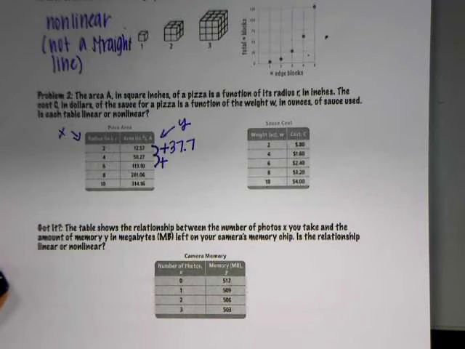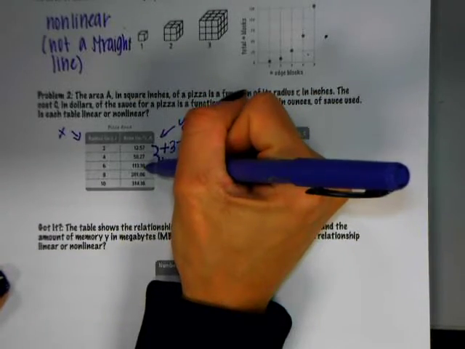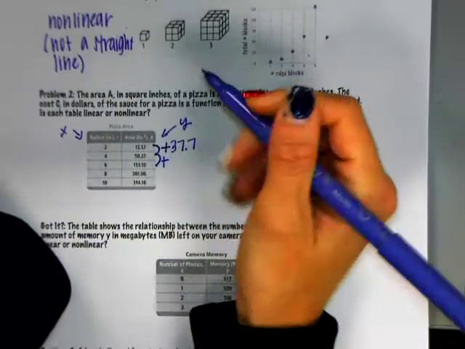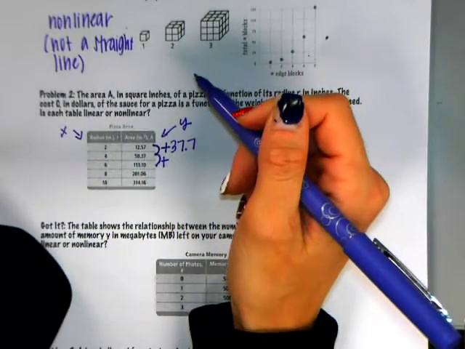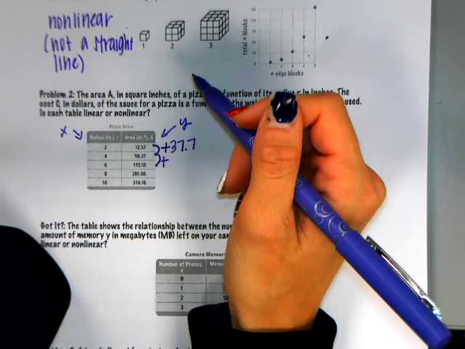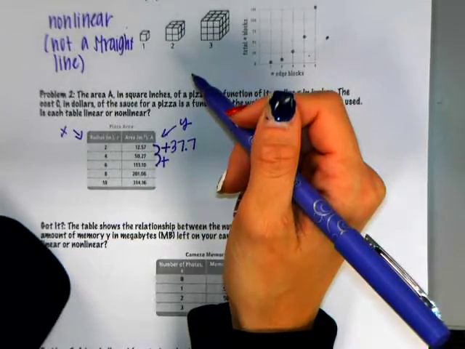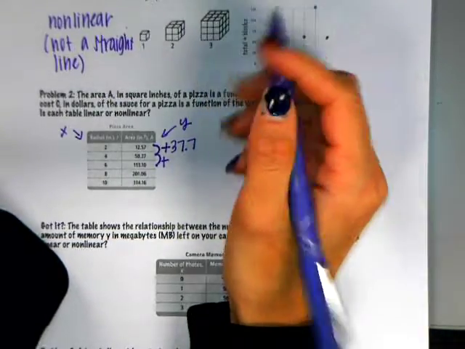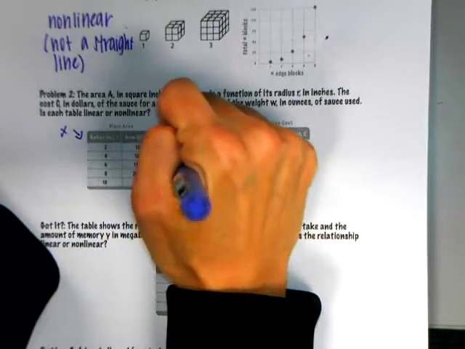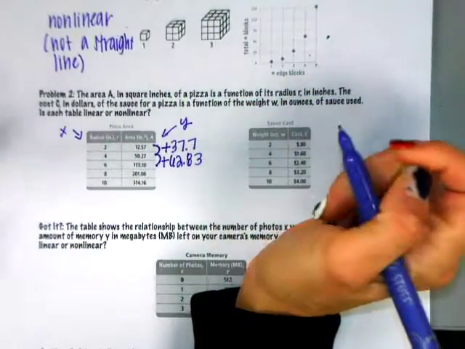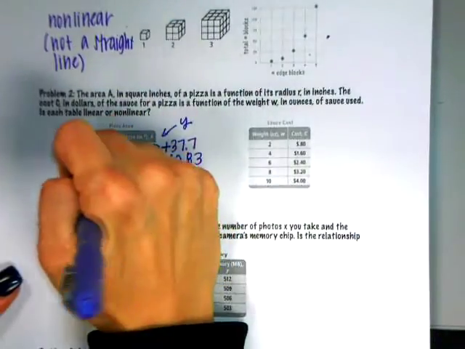Wait, for what problem? So going from 50.27 to 113.10. You said 201. What is it? 62.83? Yeah. Okay, so is that going up by a constant amount? No. No, so this is going to be nonlinear.